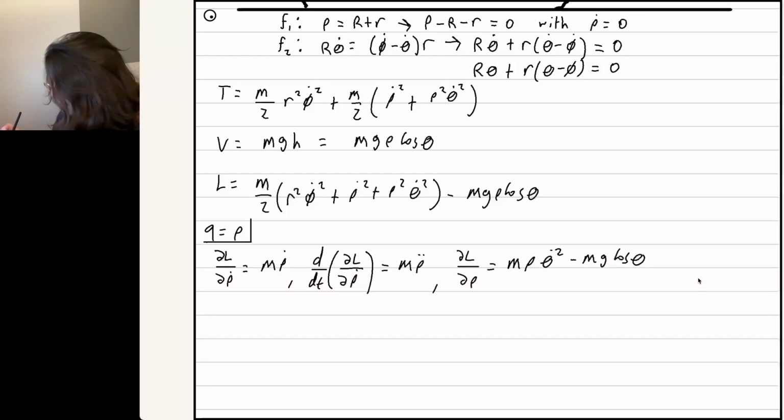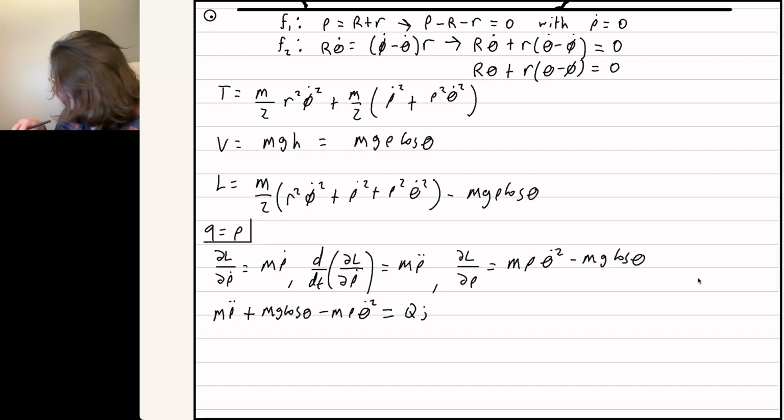So the Euler-Lagrange equation will read m rho 2 dots plus mg cosine theta minus m rho theta dot squared on the left hand side, and on the right hand side we have to have a generalized force.